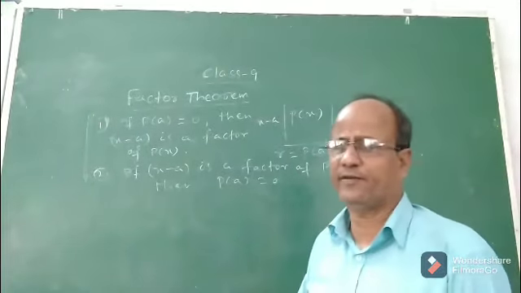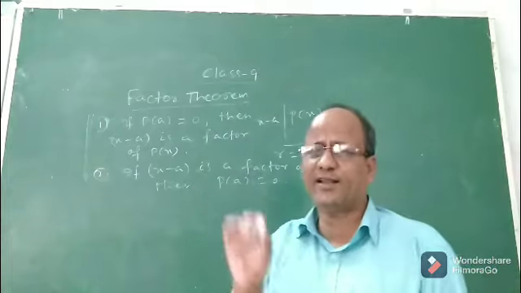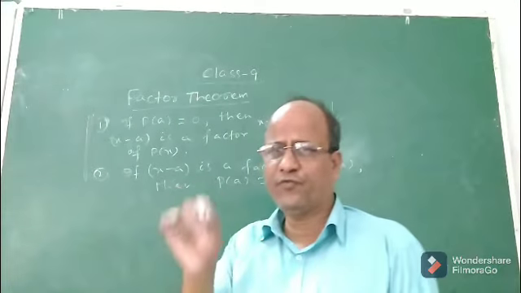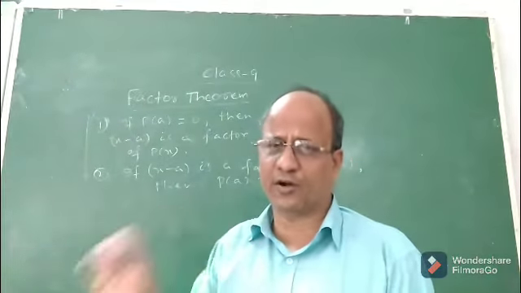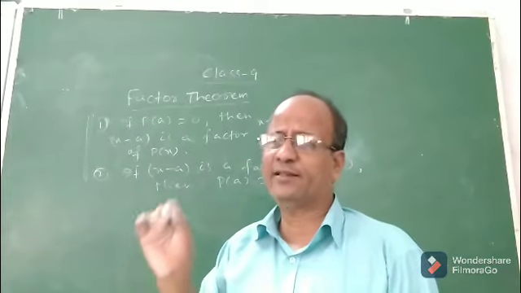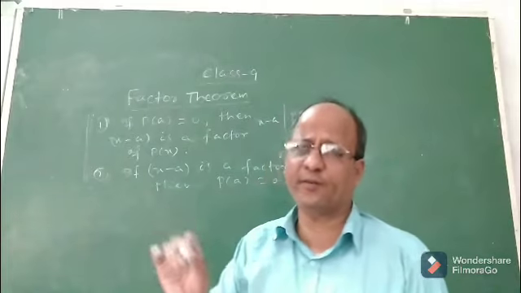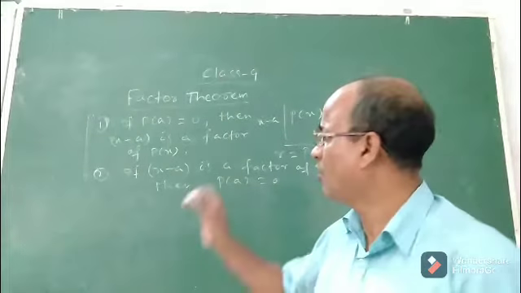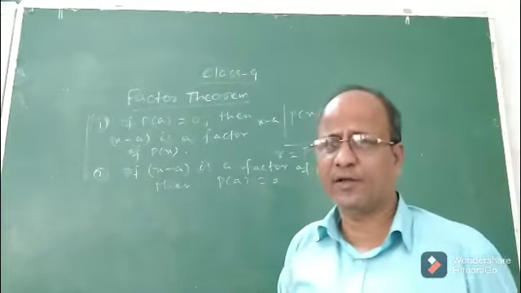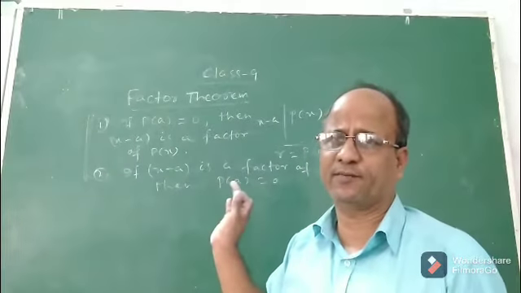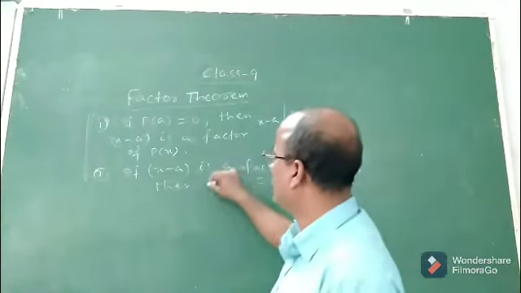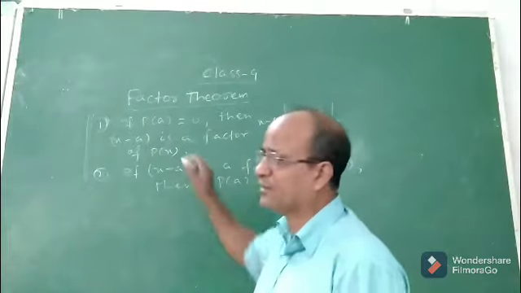As I told you in the previous class, the remainder theorem we generally use to find the remainder without the long division process. We can do so only by using the remainder theorem. I had given a few examples yesterday in the previous class. Now, where will we apply the factor theorem?